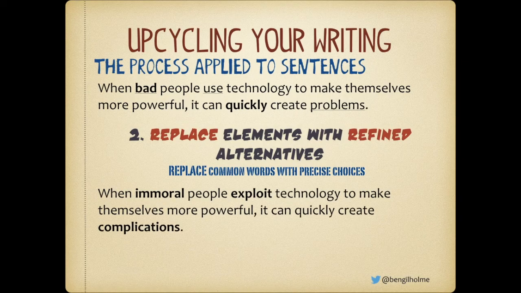So in this case, you'll see that I've replaced bad with immoral and use with exploit, and finally problems with complications. So the new sentence is when immoral people exploit technology to make themselves more powerful, it can quickly create complications.